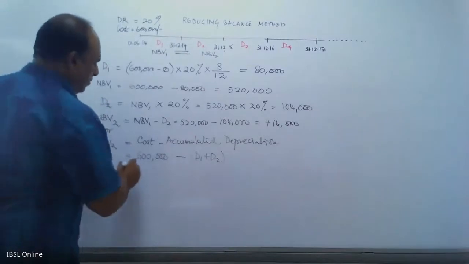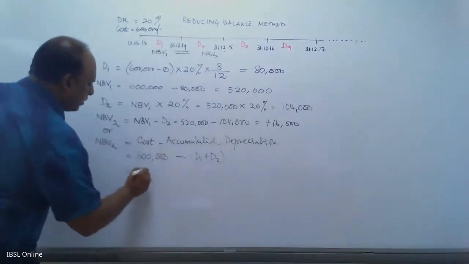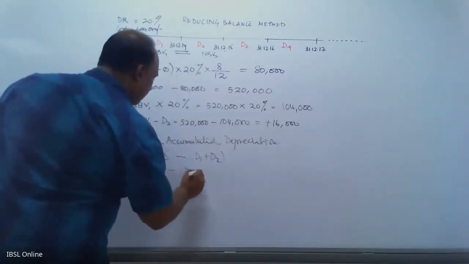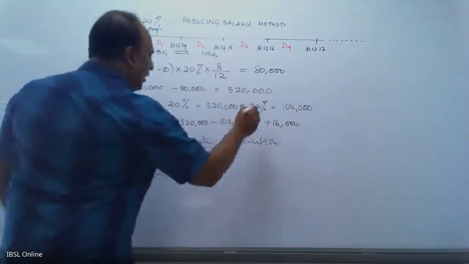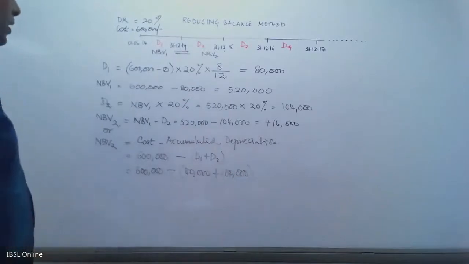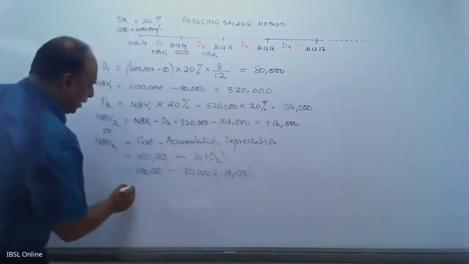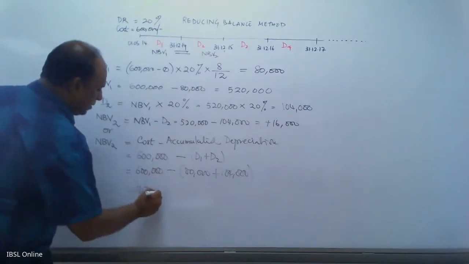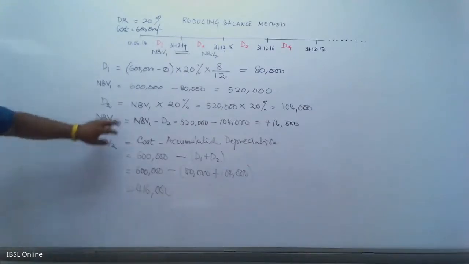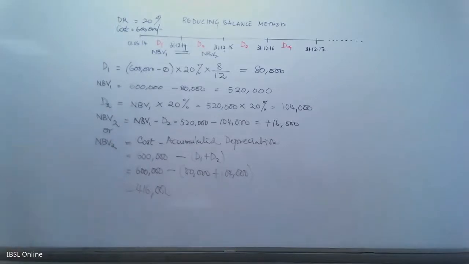So your cost is 600,000 minus D1, which is 80, plus D2, which is 104,000. Again you will get 460. Sometimes you might get an MCQ where you will have to do it using this method, and it will be easy for you to use this.